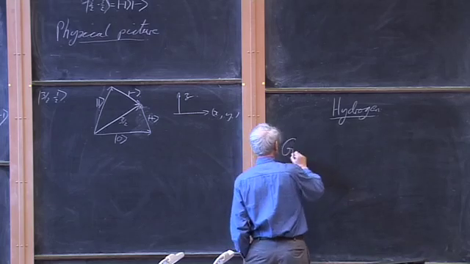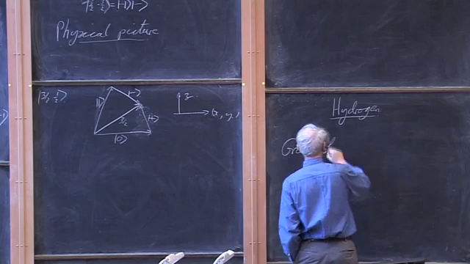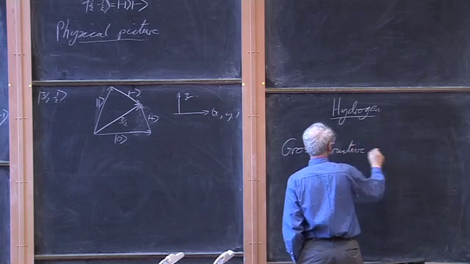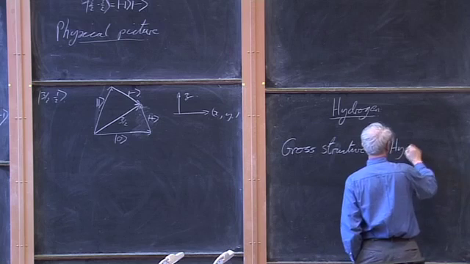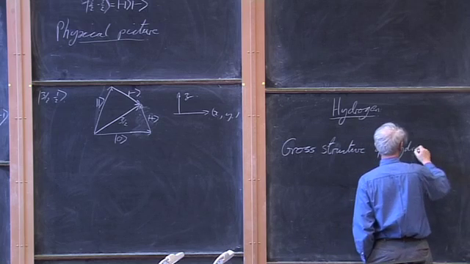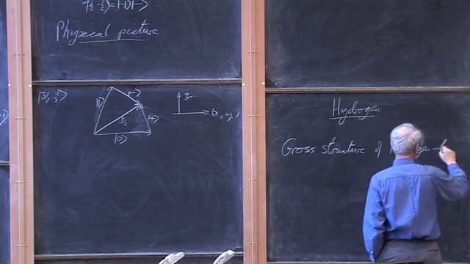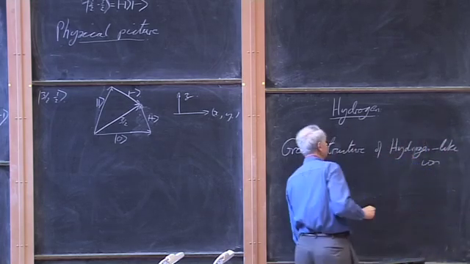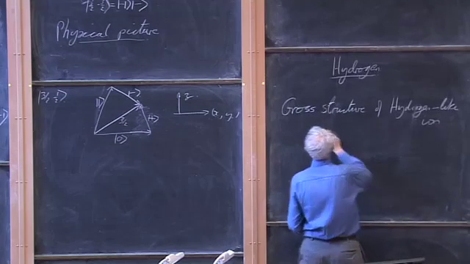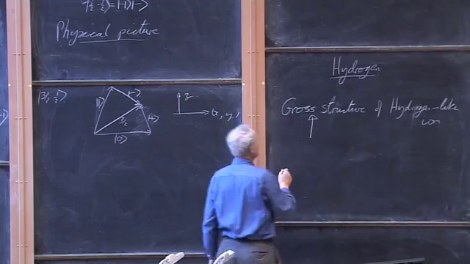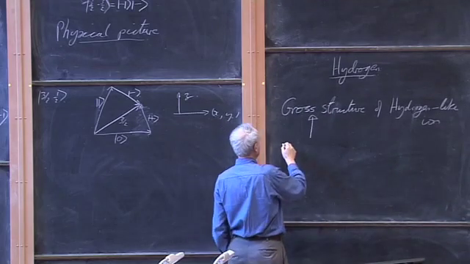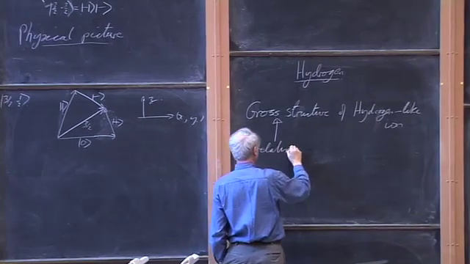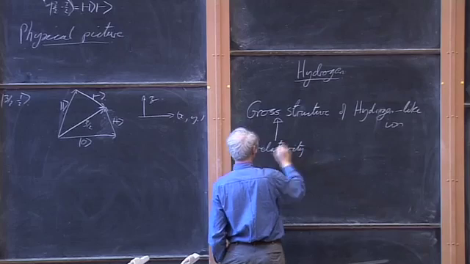We're going to talk about what's called the gross structure of hydrogen, or a hydrogen-like ion. So what do I mean by this? Gross structure means that we are going to have no relativity, no spin.